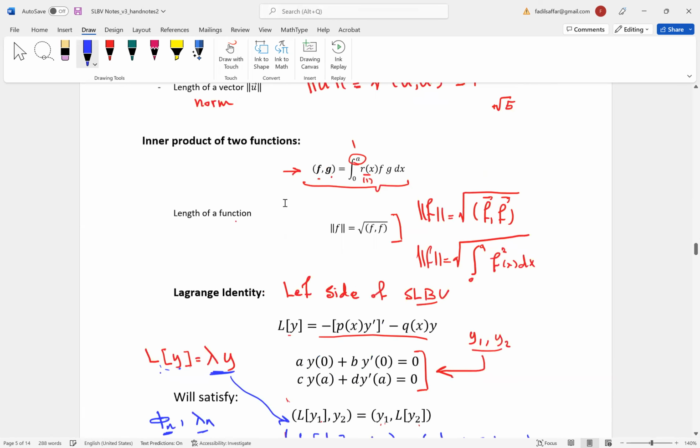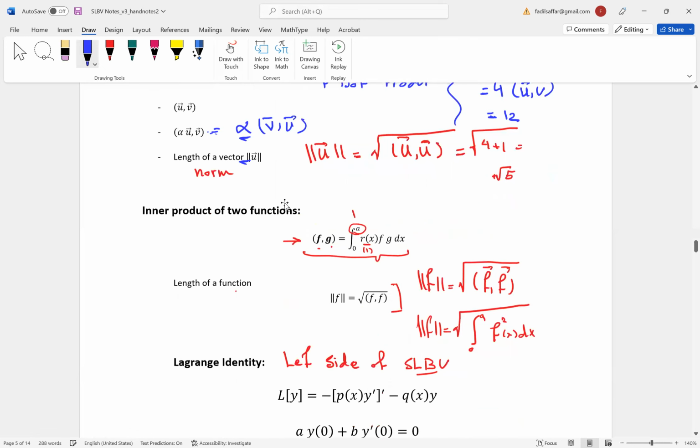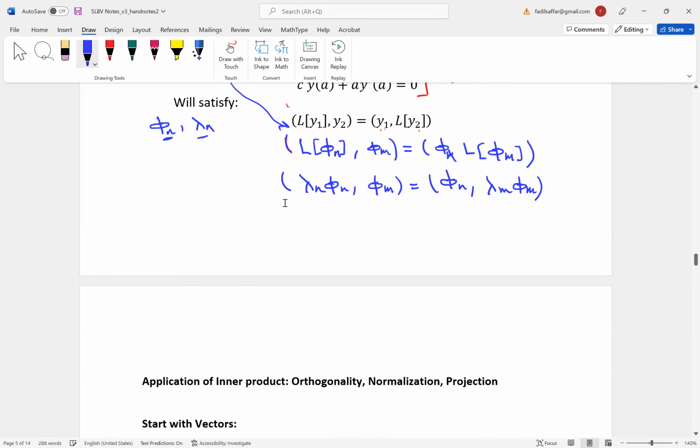Now again, I want to relate what I said about a scalar multiplied by an inner product, and a vector and the inner product. I just said we can factor that scalar out.